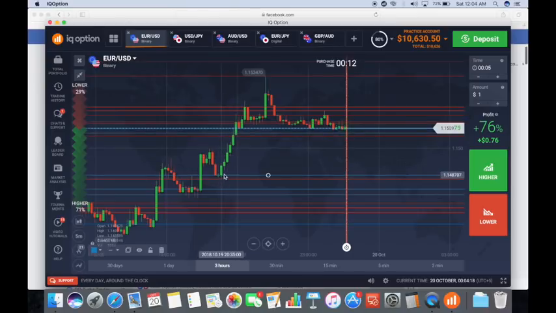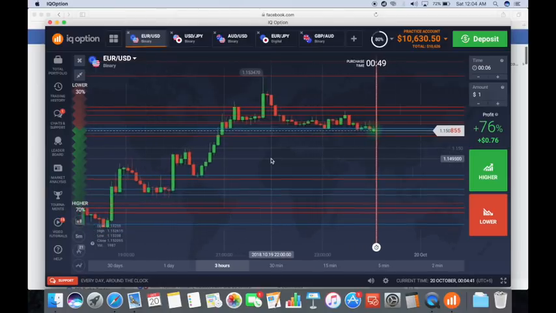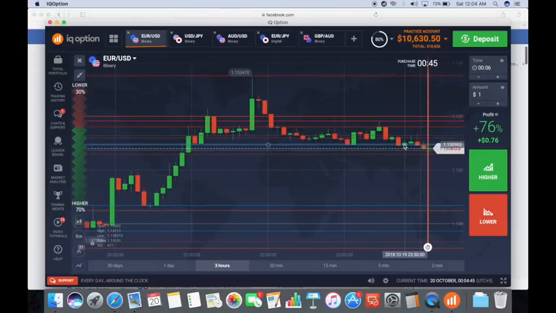This is the point where demand and supply were highly imbalanced and demand overpowered supply. And this is a very good demand level because look at that: drop, base, rally. These levels are always what I'm looking for. This is another demand level. So you see this demand zone is getting weaker and weaker as we speak.